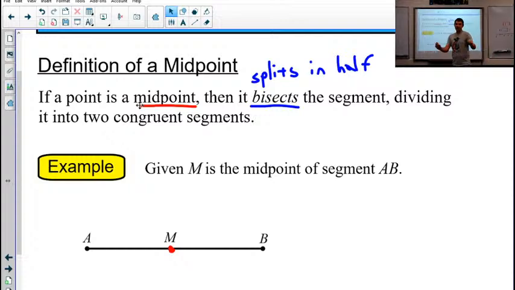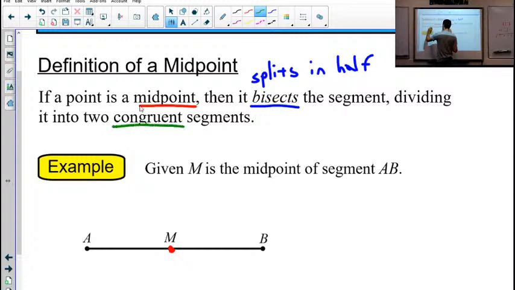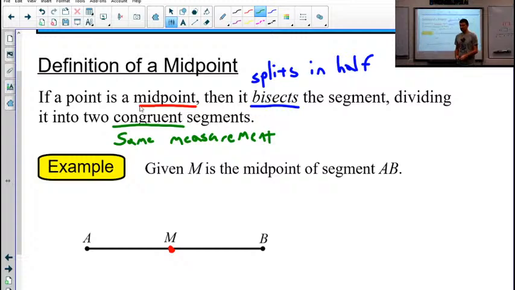And the other word that's in here that you might not know is congruent. Congruent means same measurement. Congruent just means they measure the same.